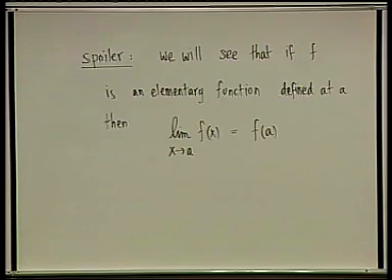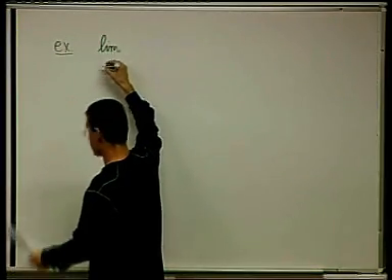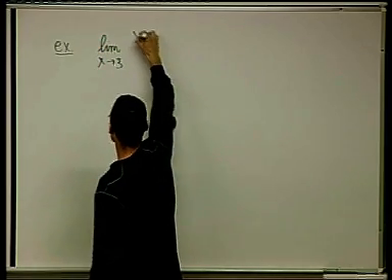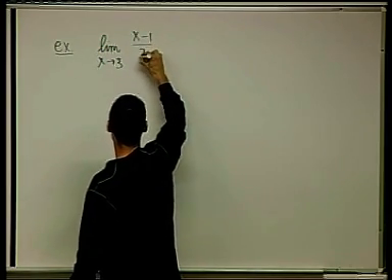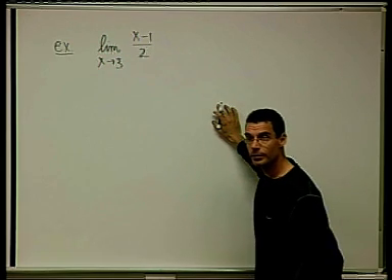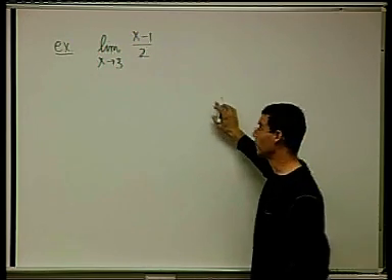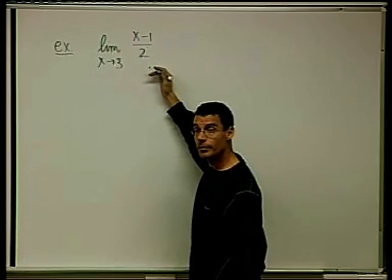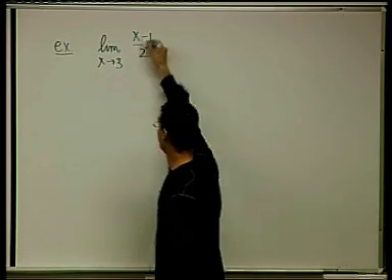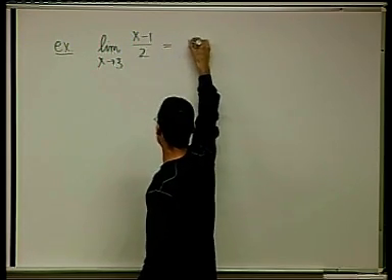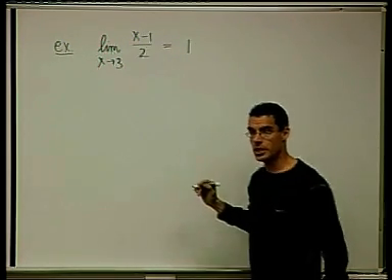I want to find the limit as x approaches 3 of the function (x minus 1) divided by 2. Okay, you know how to do this. The spoiler is already on the board. What is the answer? 1, right? I just plug in the 3. 3 minus 1 is 2, divided by 2 is 1. We know that this is the answer, right?